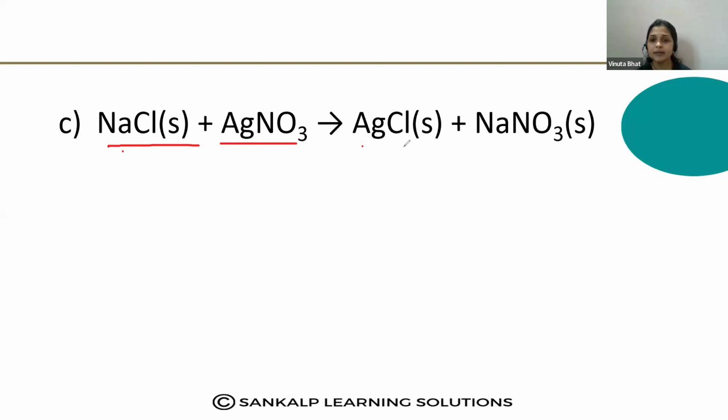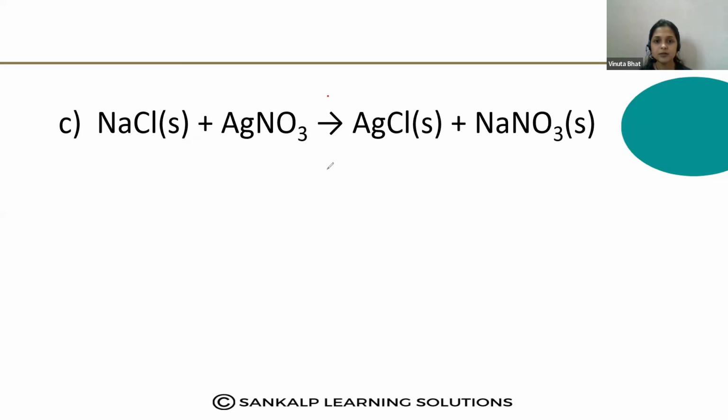It is forming the silver chloride and sodium nitrate. So what type of reaction is it? Here there is an exchange of the ions that takes place. So it is a double displacement reaction.